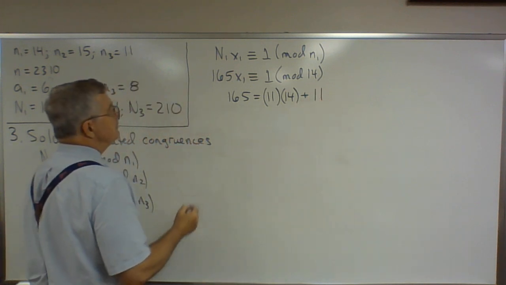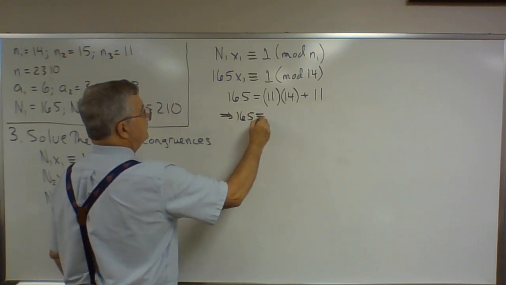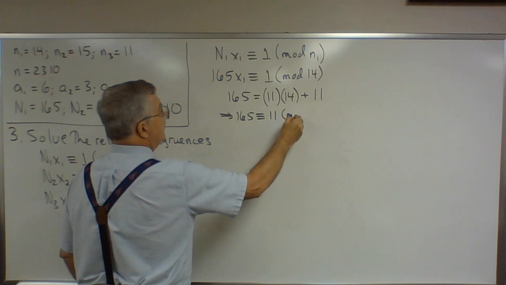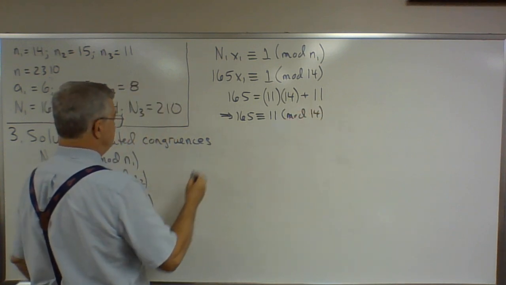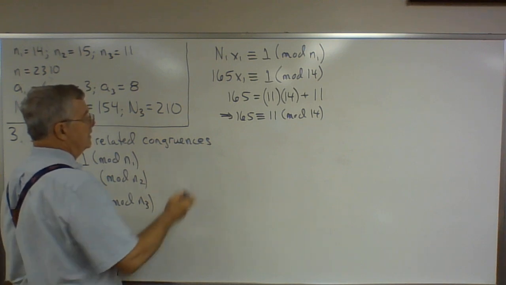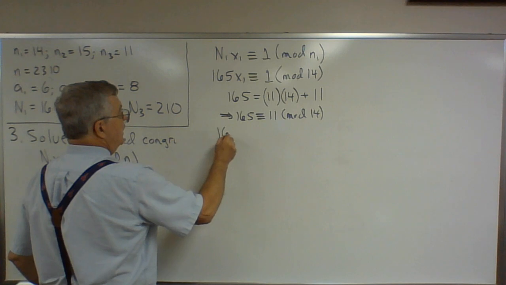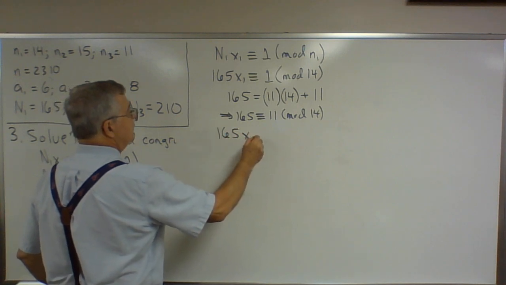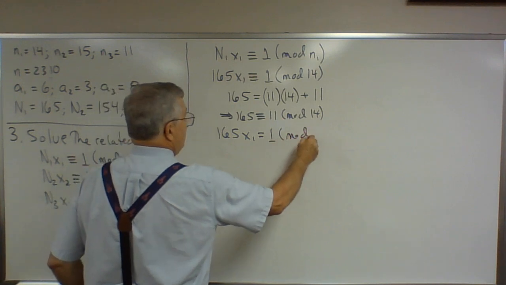So that tells me that 165 is congruent to 11 mod 14. And the congruence 165 x1 congruent to 1 mod 14.